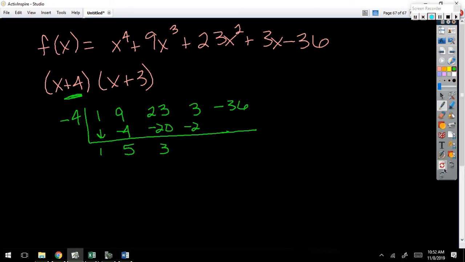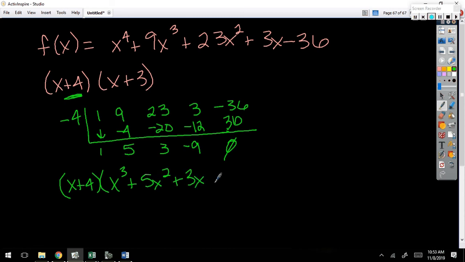I'm making all kinds of mathematical errors up here today. Y'all with me so far? Yeah. So at this point, I have x plus 4 times x cubed plus 5x squared plus 3x minus 9.